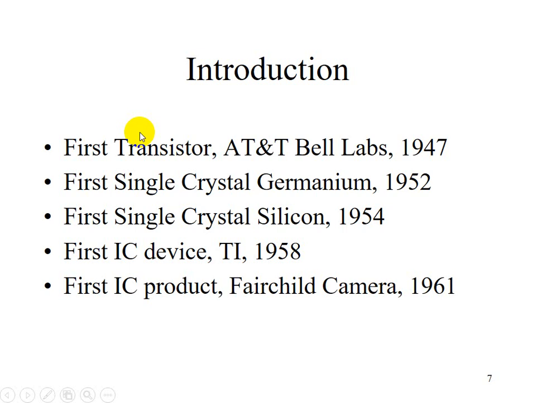The first transistor was created at AT&T Bell Lab in 1947. Those scientists who created the transistor included Walter Brattain, John Bardeen, and William Shockley.